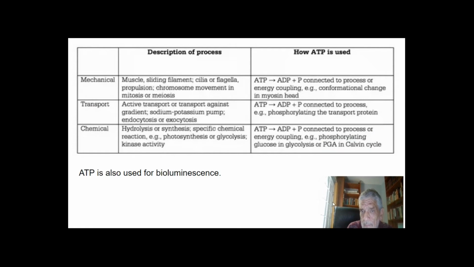But we can see how ATP is used. Mechanical work, such as muscle sliding filament, cilia and flagella propulsion, chromosome movement in mitosis and meiosis, all of these require ATP. And ATP is broken down into ADP and Pi, that is inorganic phosphate.